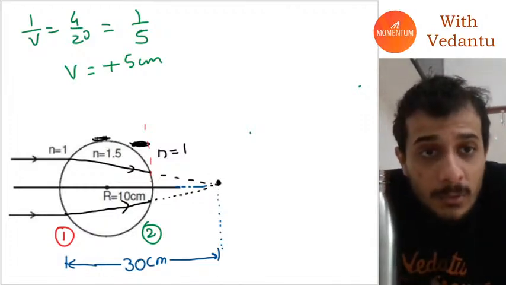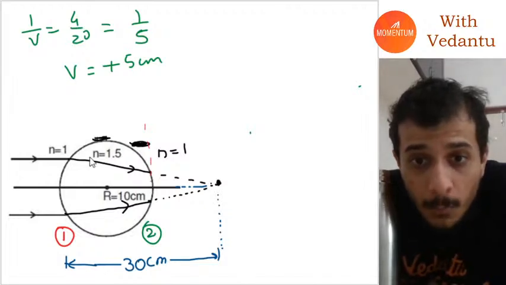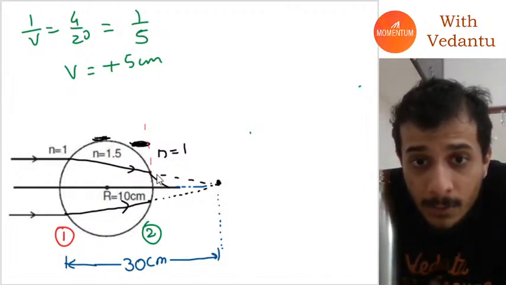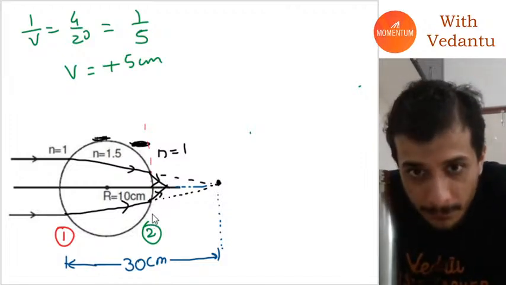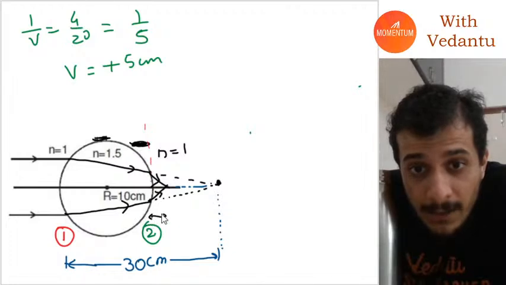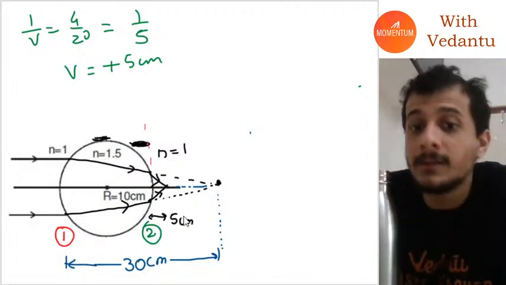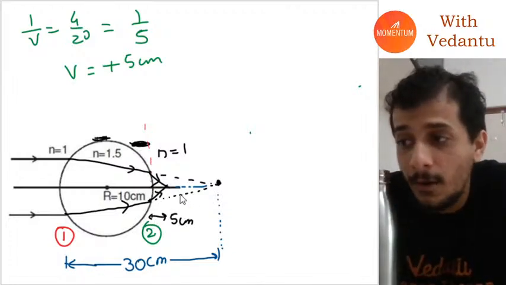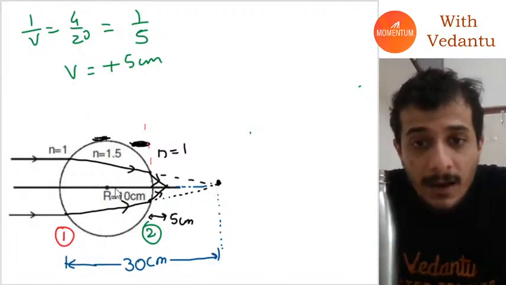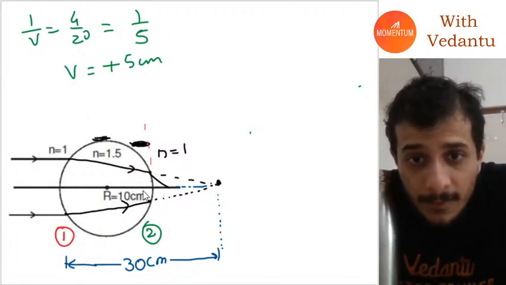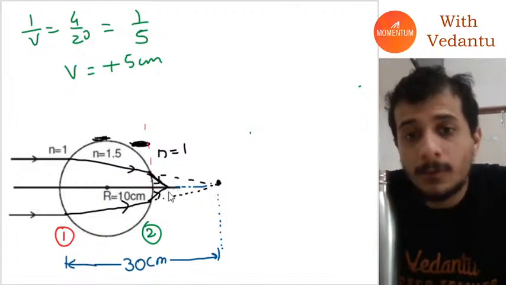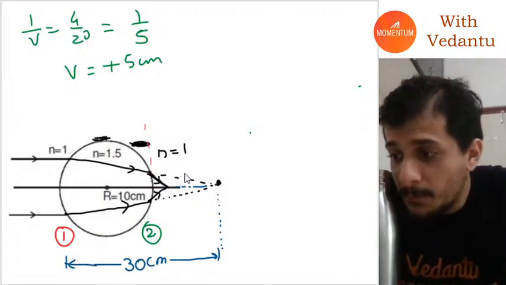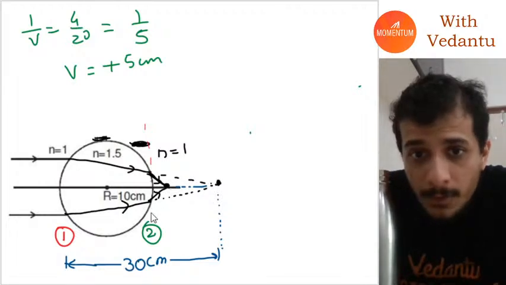But now they will undergo refraction one more time and again bend towards the normal, and now they will meet at a distance of 5 centimeter. So they will just meet before.